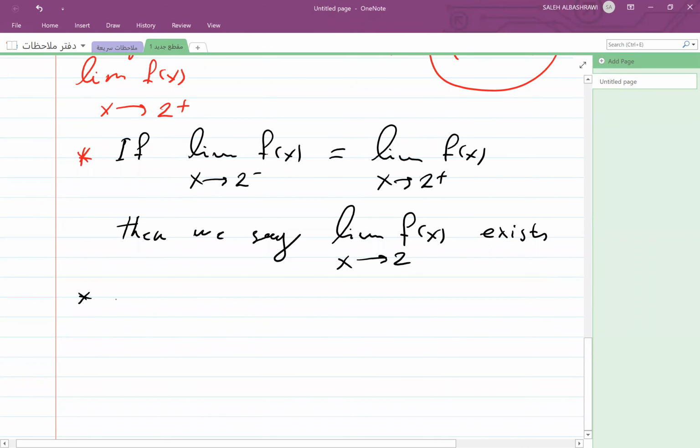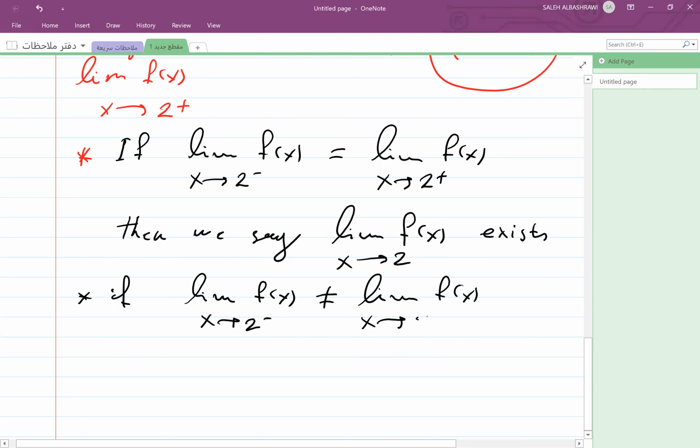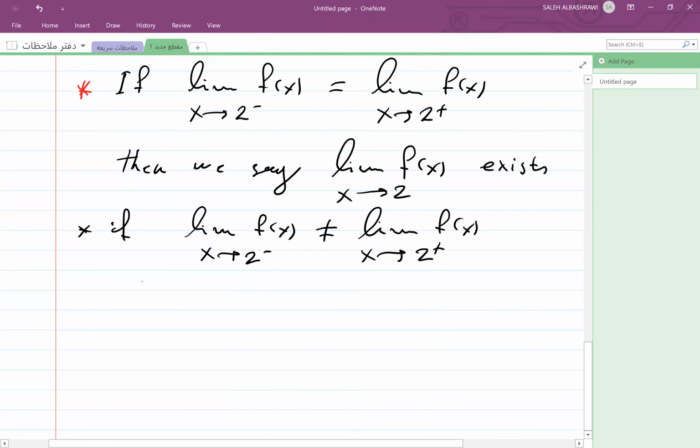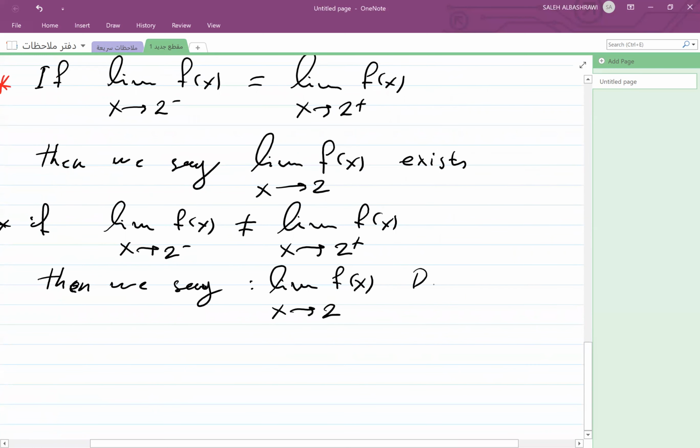And if the left limit is not equal to the right limit, they are not equal, then we say the limit of f of x as x goes to 2, without sign, does not exist.